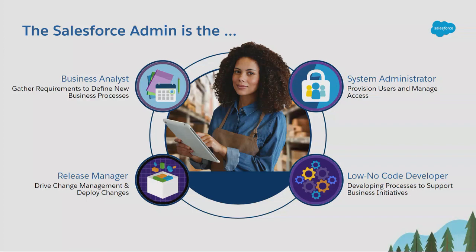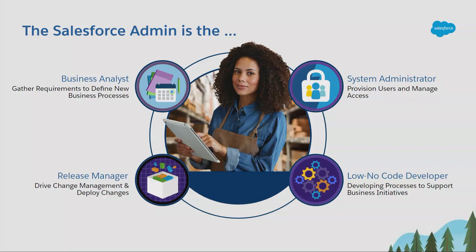My favorite part about being an admin is being able to make my own changes along with these other 4 things. We're the business analyst, we're the release manager, we develop new processes and push new metadata through configuration. And lastly, we manage users and administer access.